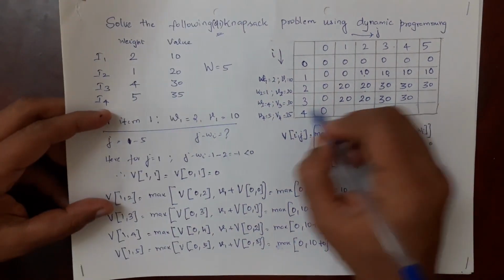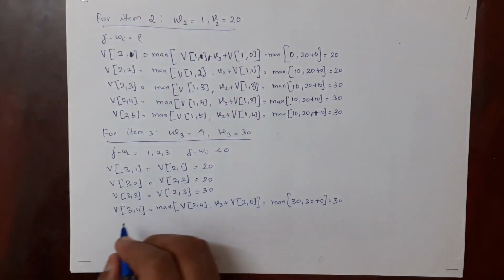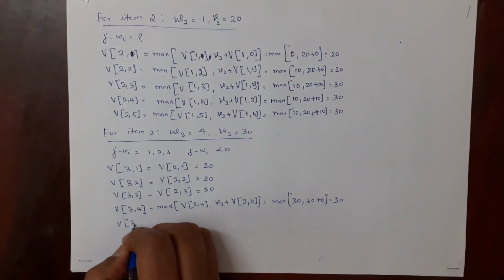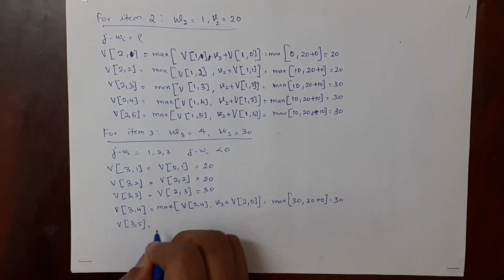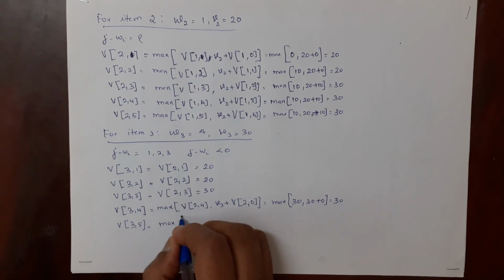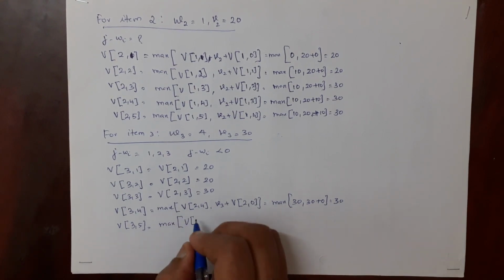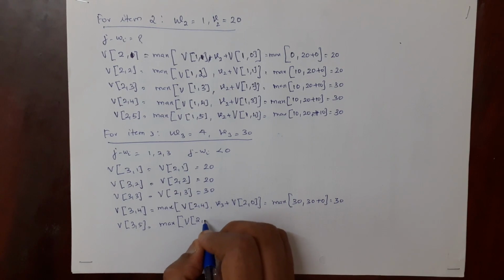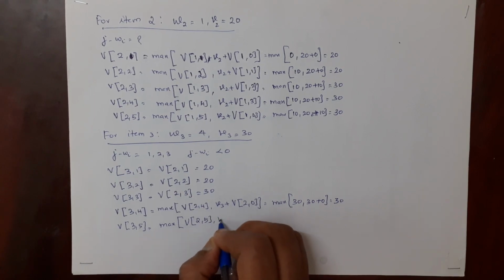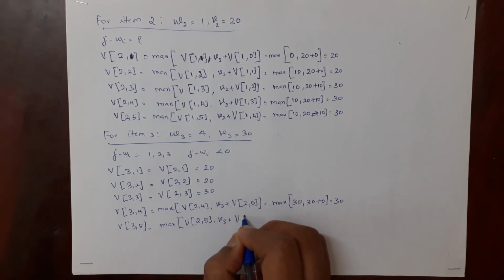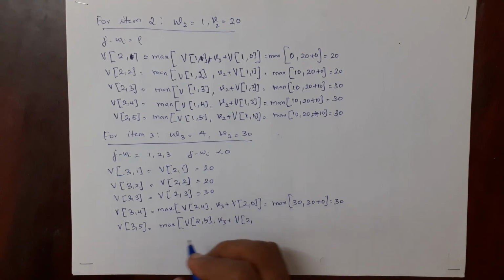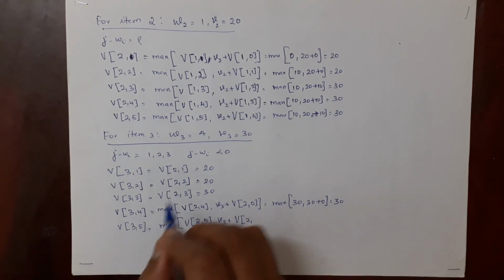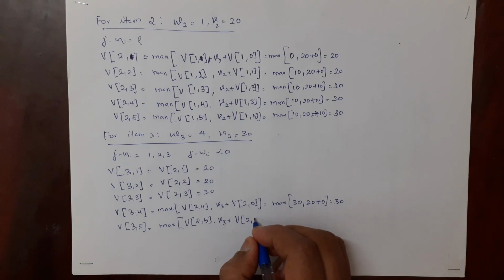Next we have to find 3 comma 5. v of 3 comma 5 is the maximum of v of 2 comma 5, or v3 plus v of 2 comma j minus wi, where 5 minus 4 is 1.